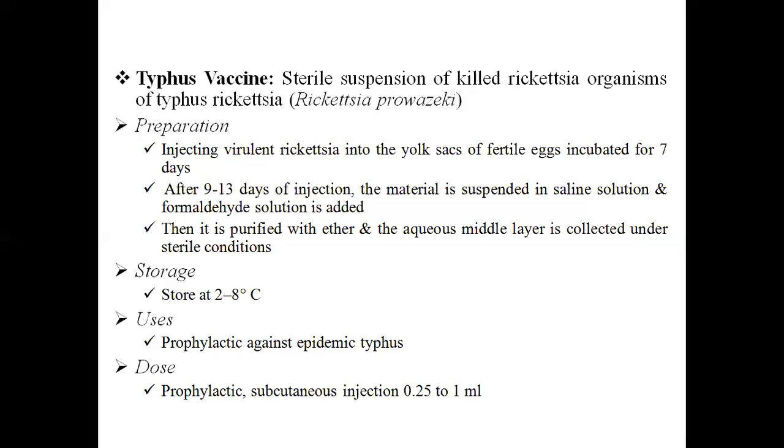The vaccine can also be prepared from the lungs of small rodents, in which rickettsial pneumonias have been caused by inhalation of large doses of virulent rickettsia or by giving intraperitoneal injections of rickettsia. Storage: it should be stored between 2 to 8 degrees centigrade.